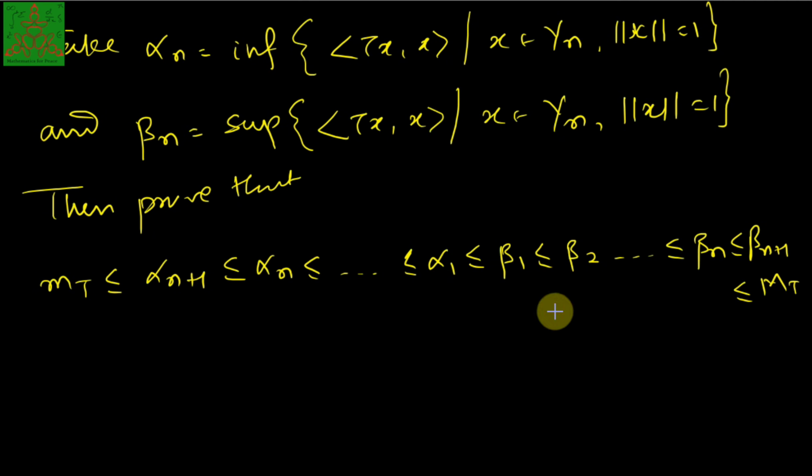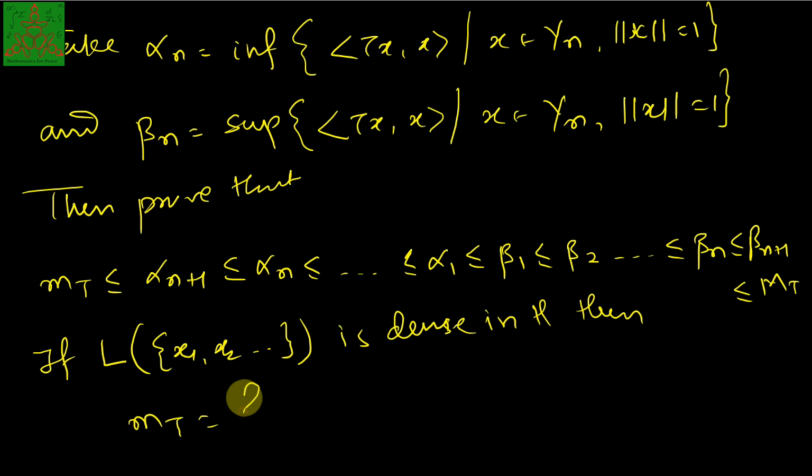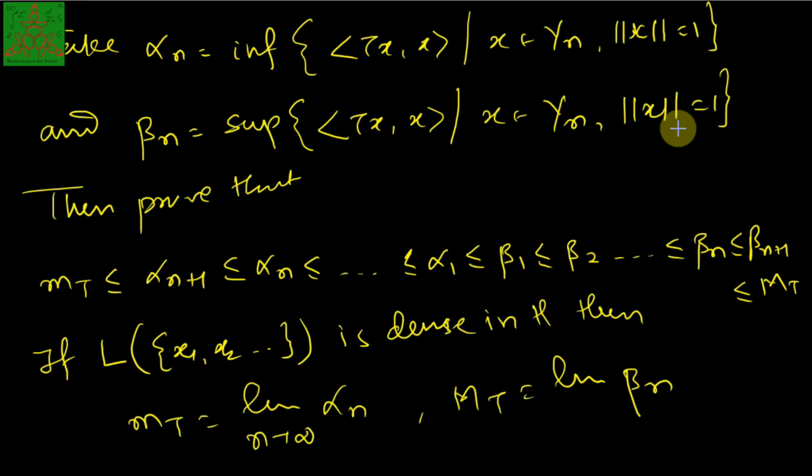And also if this linear span of x1, x2 and so on is dense in H, then small m is nothing but the limit of alpha n as n tends to infinity. That means alpha n converges to small m, and beta n, which is a supremum of this value, converges to capital M.